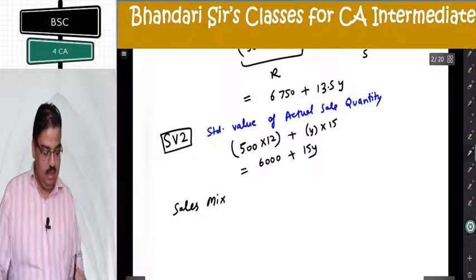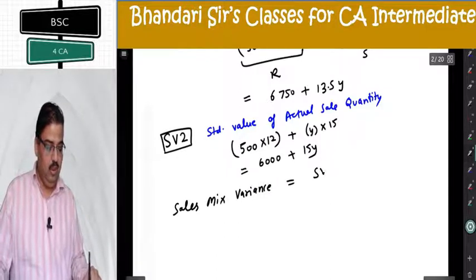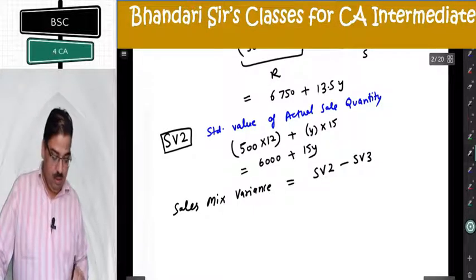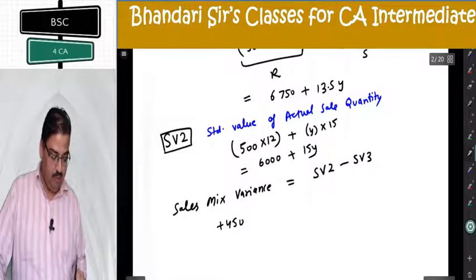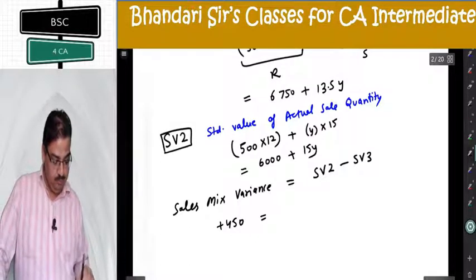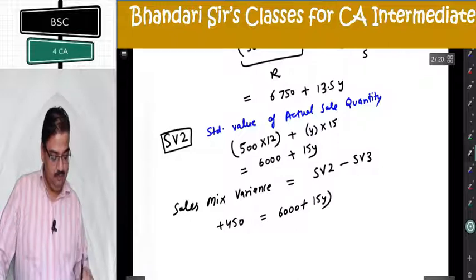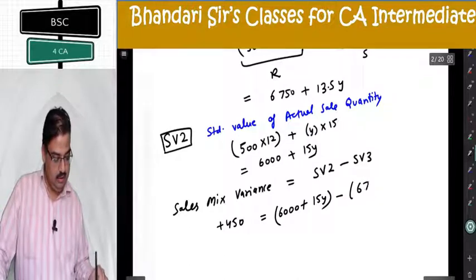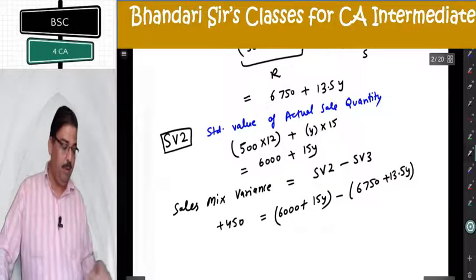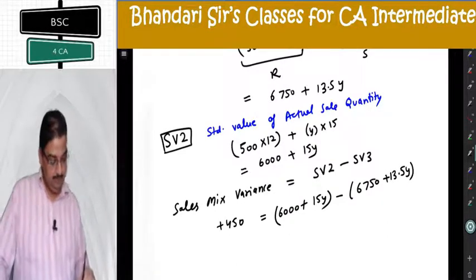Sales mix variance equal SV2 minus SV3. It is given 450 favorable, positive 450 is equal to 6000 plus 15Y minus 6750 plus 13.5Y. When we open bracket, it will become minus.